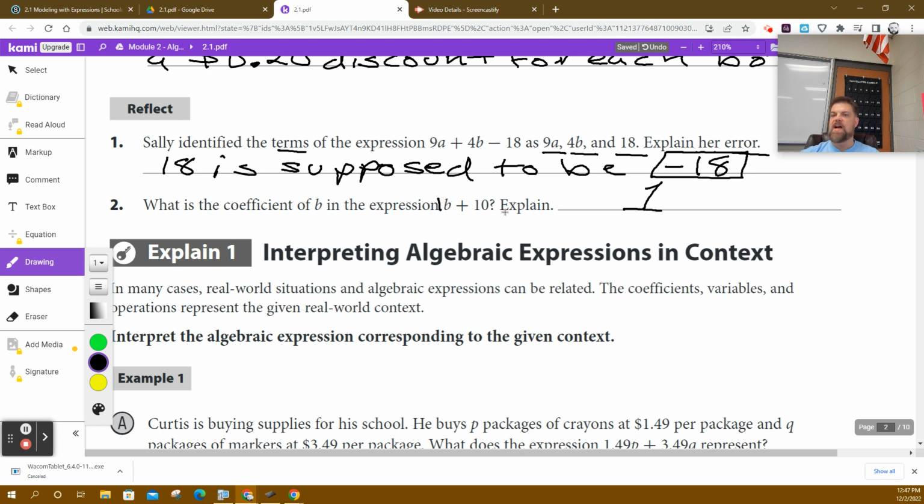We just never write it down. Why? Because what's 1 times b? Just b. Right? You can think of it like this. 1 times b equals b. So we never write it down. Okay? All right. That's it for that.